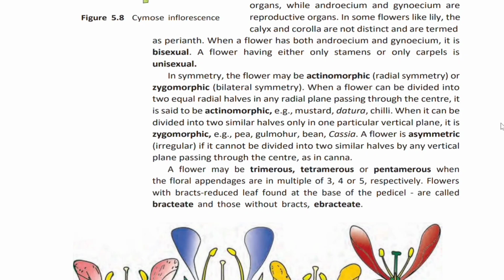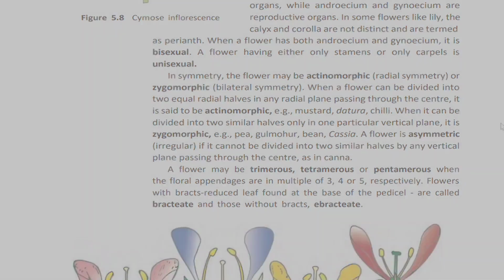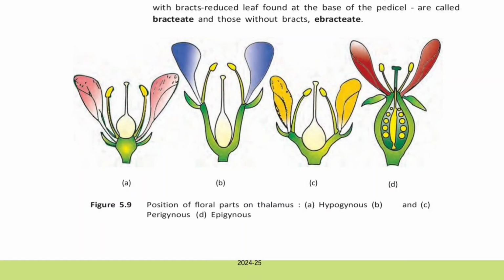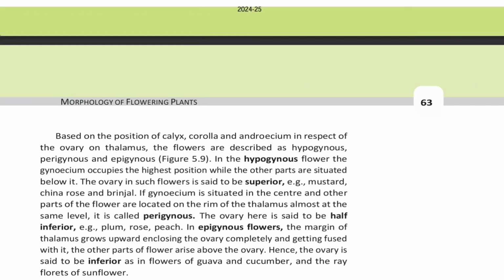A flower may be trimerous, tetramerous or pentamerous when the floral appendages are in multiples of 3, 4 or 5 respectively. Flowers with bracts, reduced leaves found at the base of the pedicel, are called bracteate, or those without bracts, ebracteate. Figure 5.9 shows the position of floral parts on thalamus: hypogynous, perigynous and epigynous.